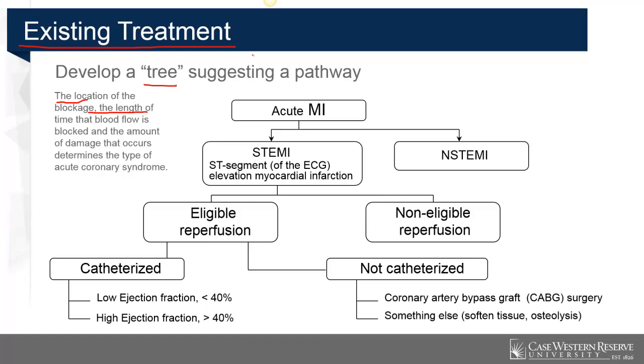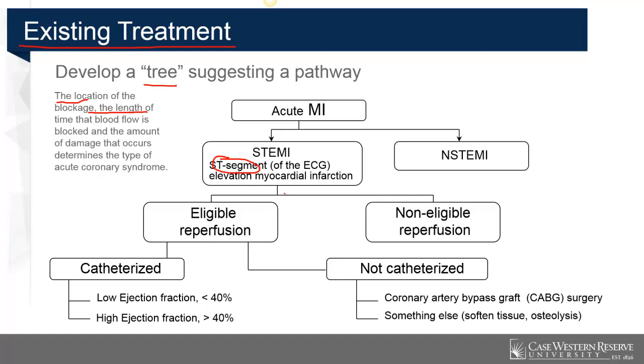So in other words, you have this acute myocardial infarction, and when you do your EKGs, if they're candidates for this catheterization, they have to have this elevated ST segment, and this is what would qualify them for the operation at a very high level.